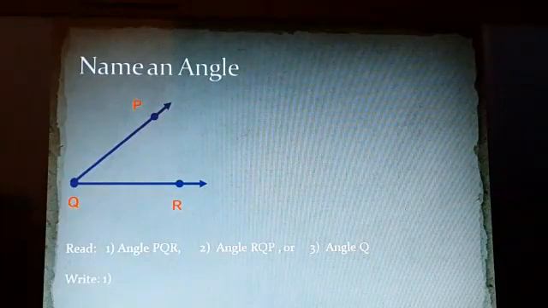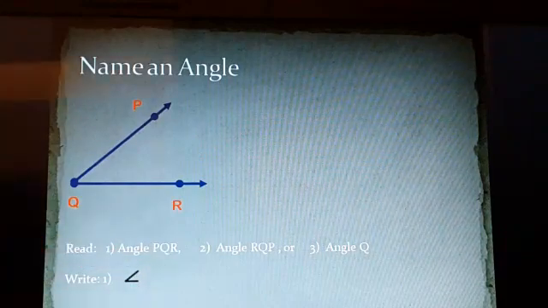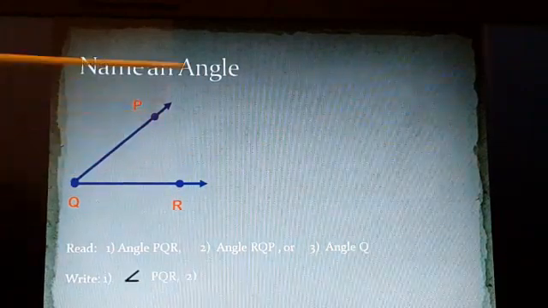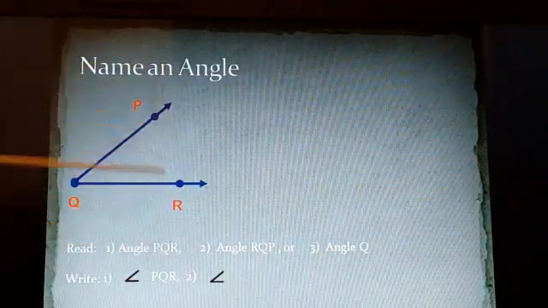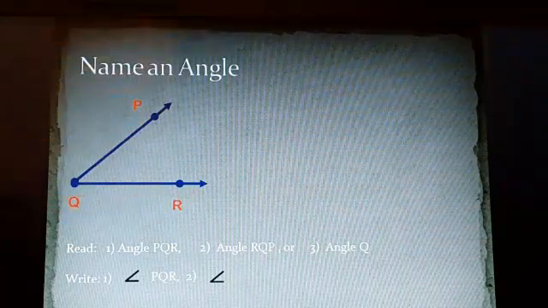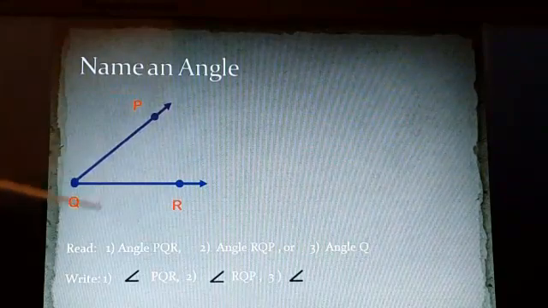Now how to write? Make the symbol for the angle and then write PQR. The second way, make the symbol for the angle, then write letters RQP. The third way, make the symbol for the angle and just write Q.